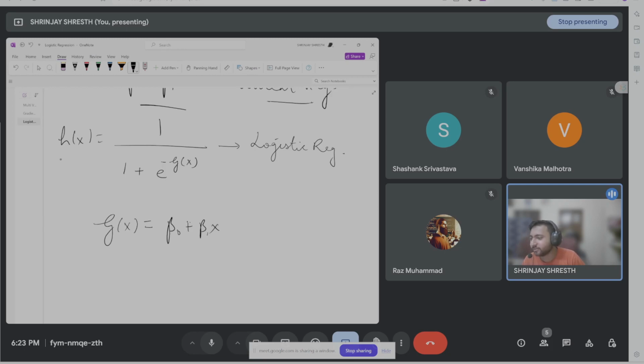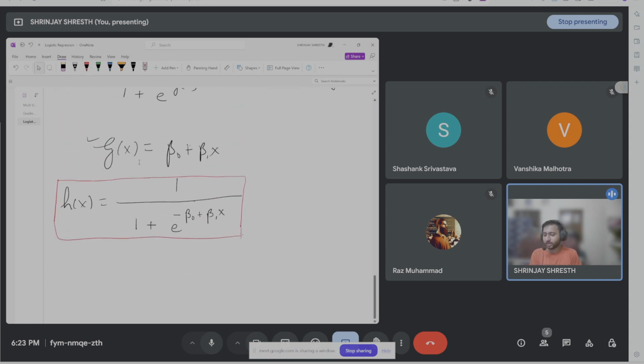If you use this and this, your hypothesis function reduces to this value. This is your hypothesis function. Very simple, nothing more. This is the function we'll use to produce our output, okay?